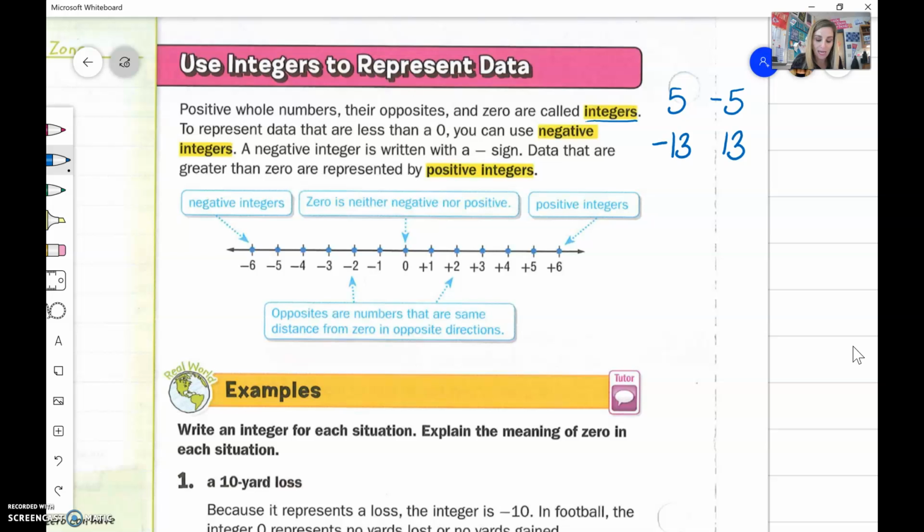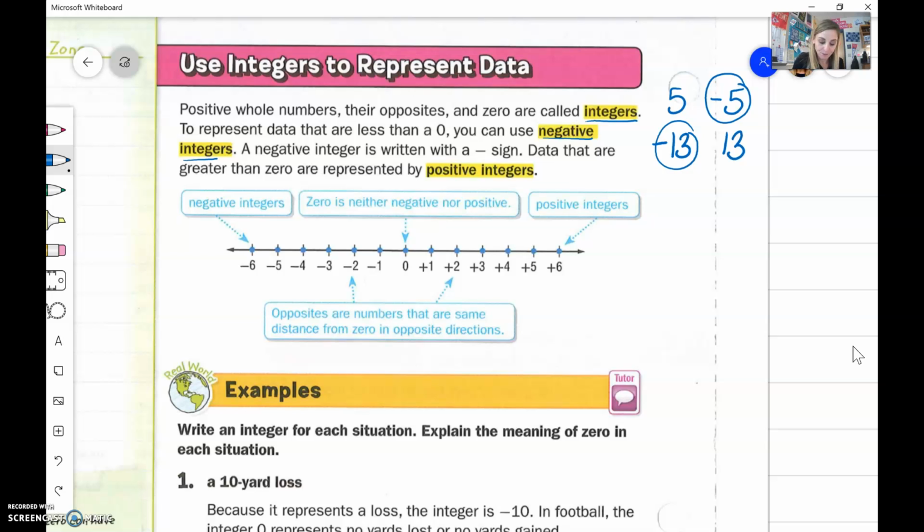To represent data that are less than 0, you can use negative integers, which we had done right here and right here, -13 and -5. A negative integer is written with a negative sign. Data that is greater than 0 is represented by positive integers.